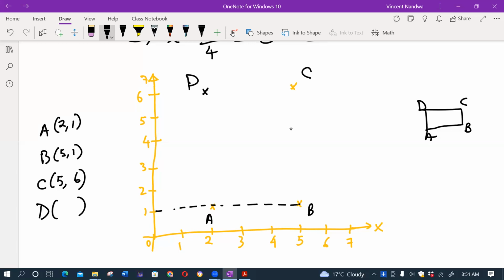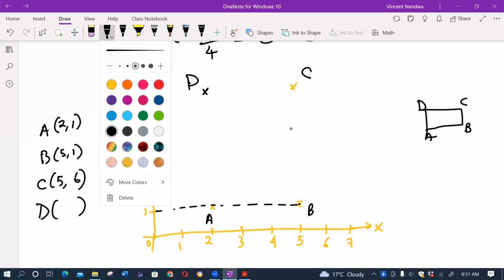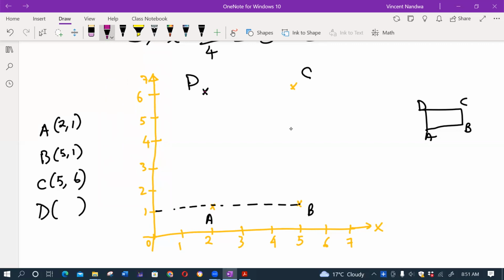If you draw a straight line here, DC and AB should be the same, and CB and AD should also be equal, such that this is 90 degrees, this is 90 degrees, this is 90 degrees, this is 90 degrees.